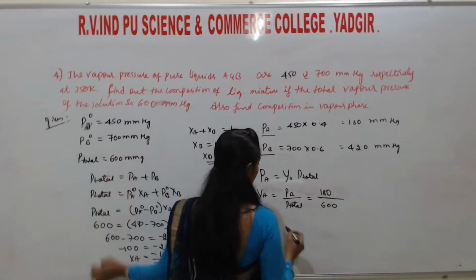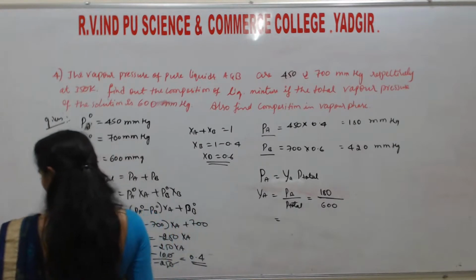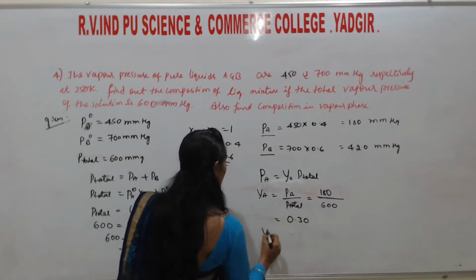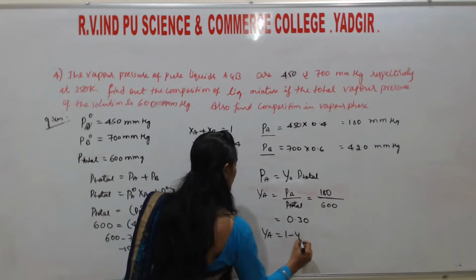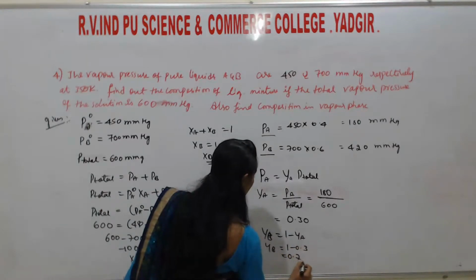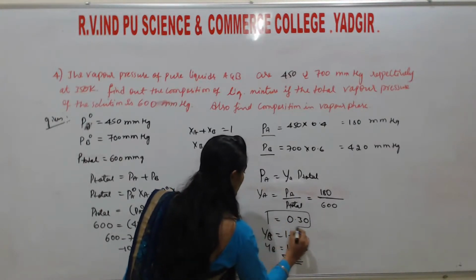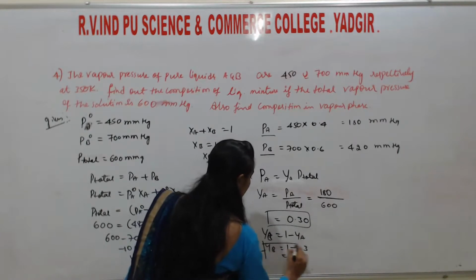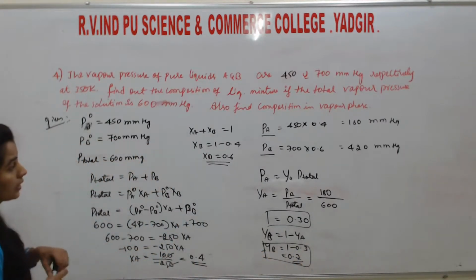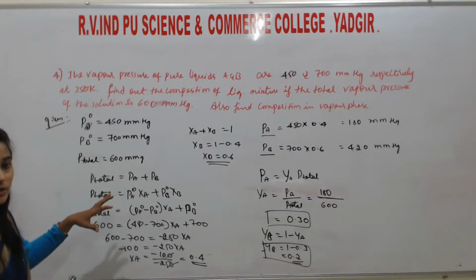Correct? Then you will get the answer. So YA is equal to how much? 0.30. Then YB is equal to 1 minus YA, so YB is 1 minus 0.3, that is 0.7. This is the composition in the vapor phase, the mole fraction in the vapor phase.